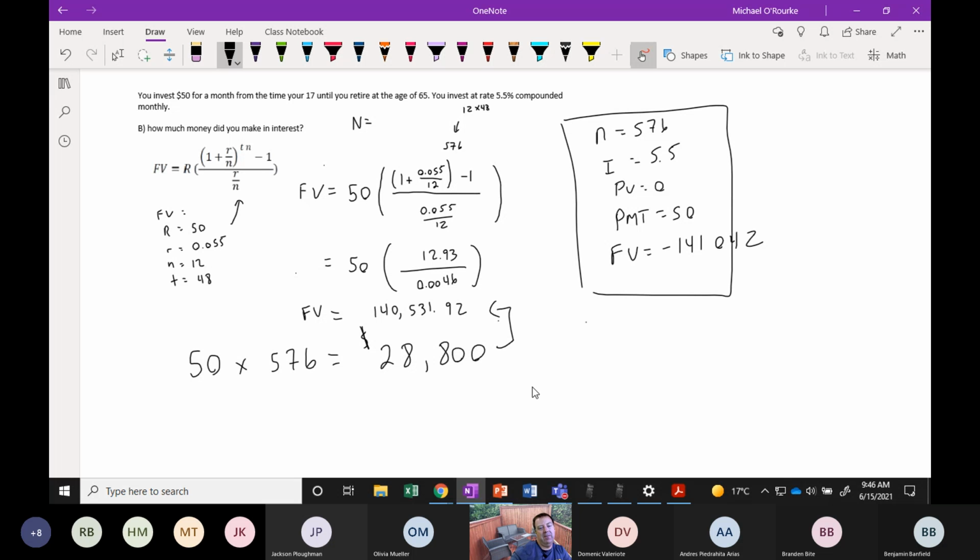So to figure out the difference here, we would go 141,042 minus what we put in, 141,042 minus 28,800. We made $112,000 on our investment. Does that make sense to everybody, how we calculated the interest that we made?